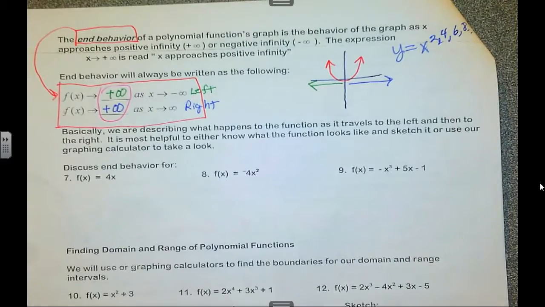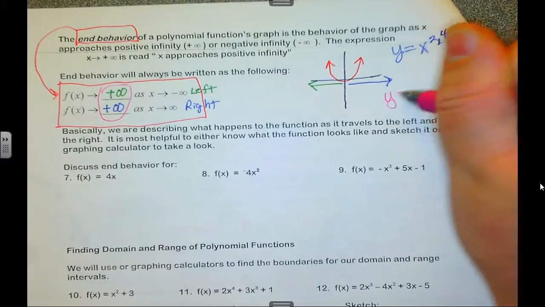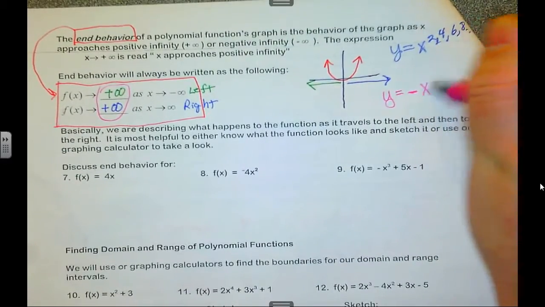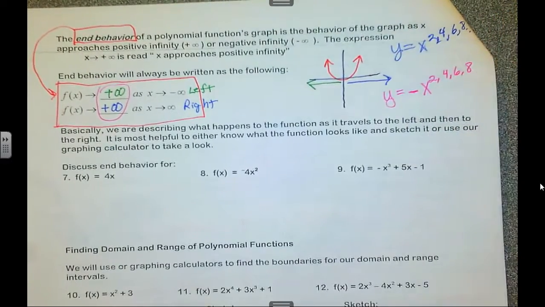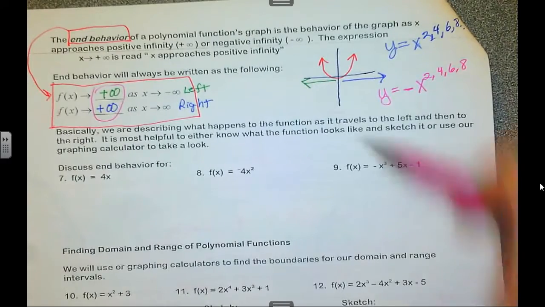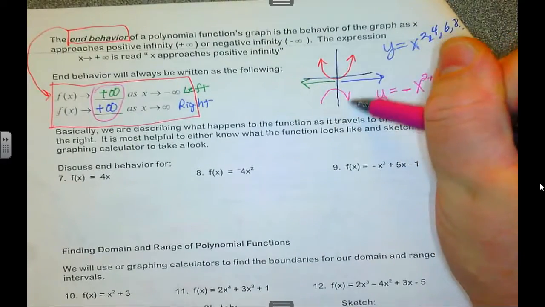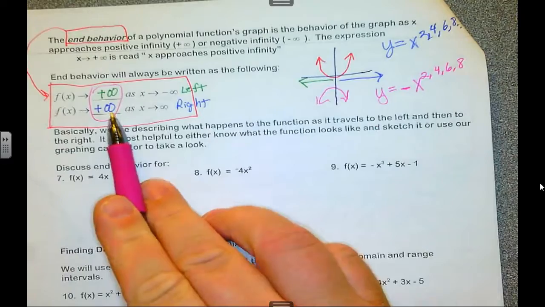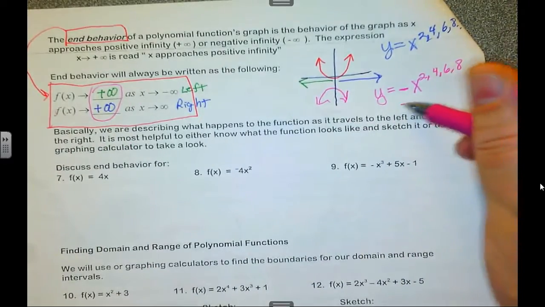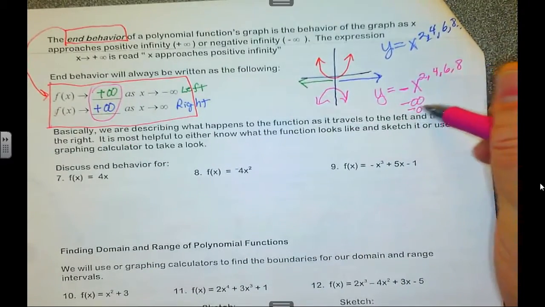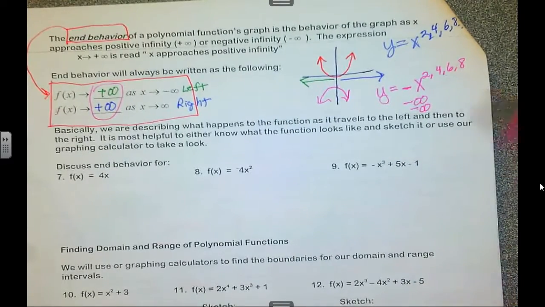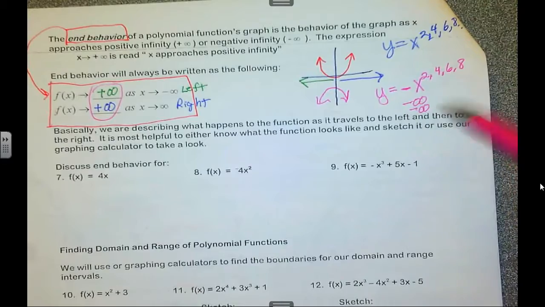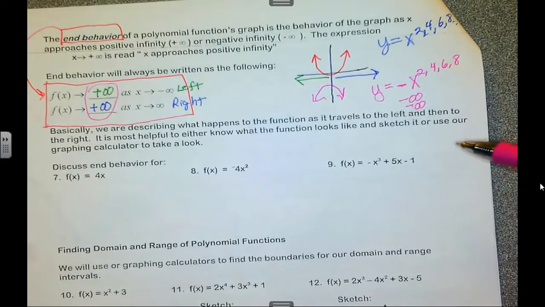Now, if I have a negative coefficient, the blanks are going to be what? Your y values are going to be negative infinity, negative infinity. So the end behavior for a negative coefficient is negative infinity, negative infinity.